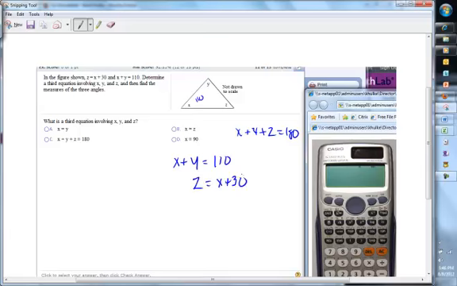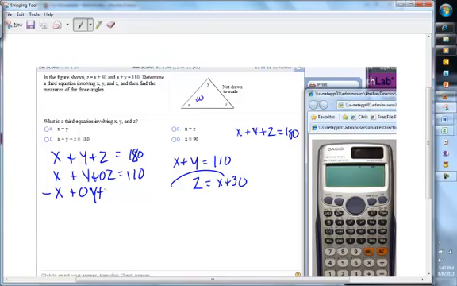Let's write all three equations the right way. X plus Y plus Z equals 110, or 180, excuse me. X plus Y plus 0Z equals 110. And move this over to this side. Negative X plus 0Y plus Z equals 30. Now let's enter that into our calculator.